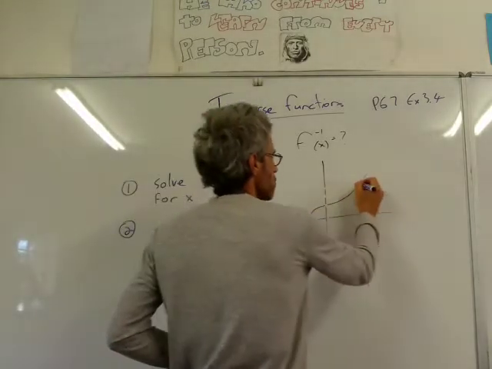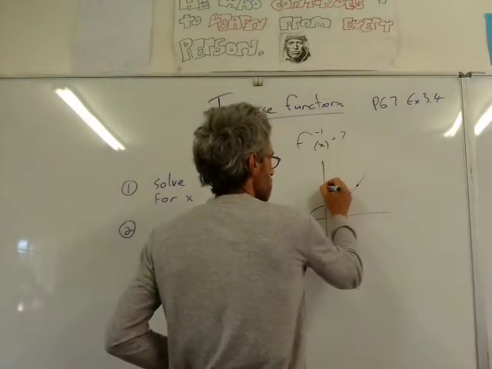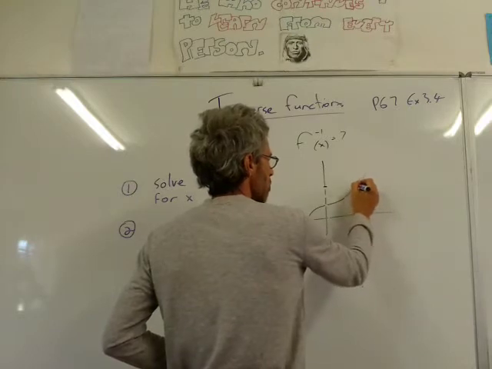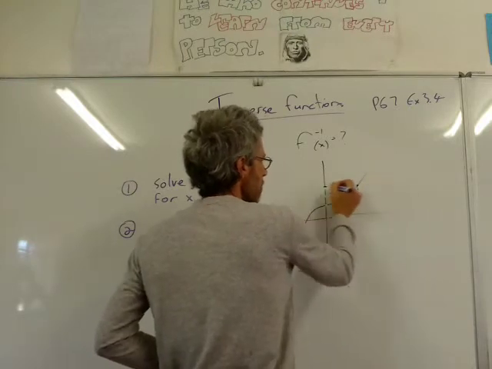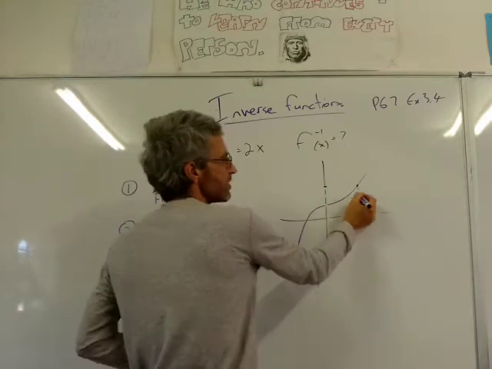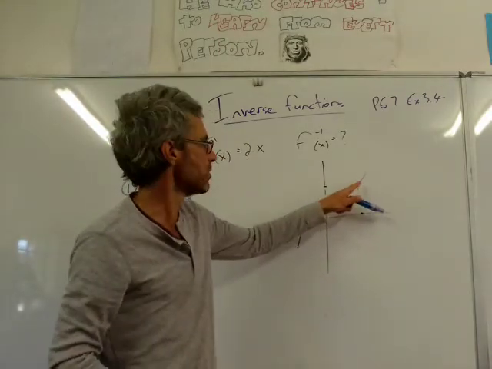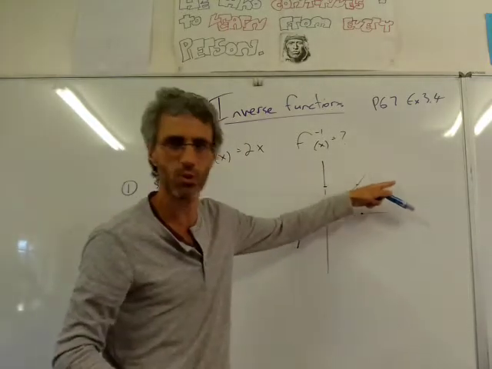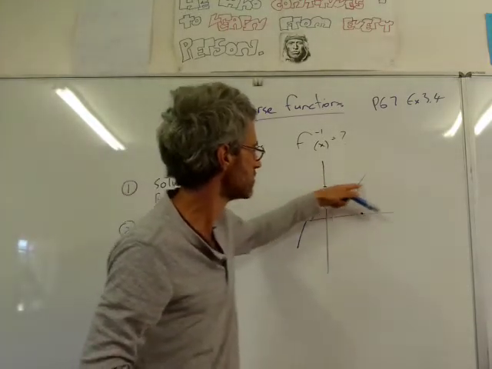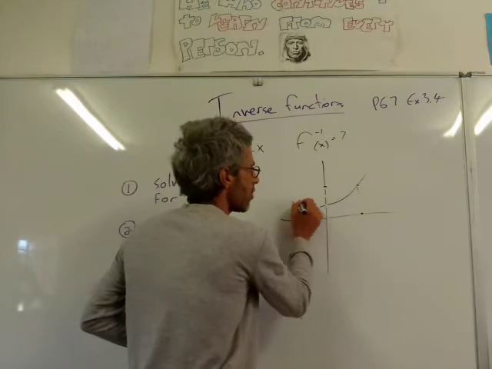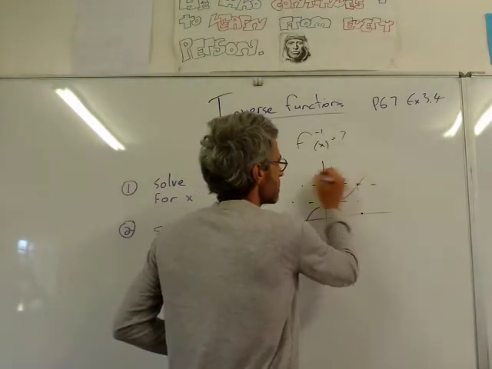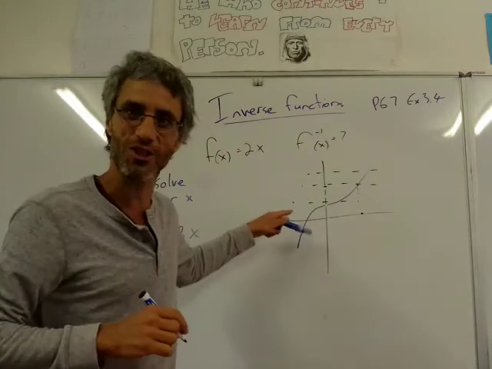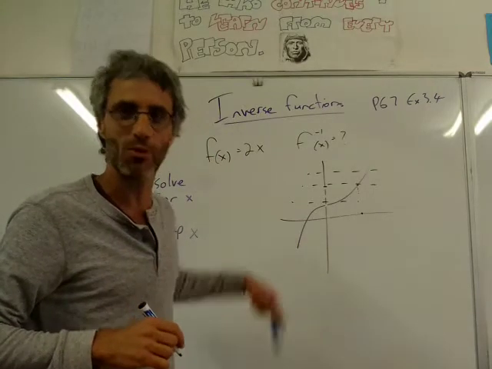So, for example, I'll choose this one here. This is a certain y value. Then I go horizontally across the graph. Is there any other point on the graph? If there is another point, then there will be a different x.